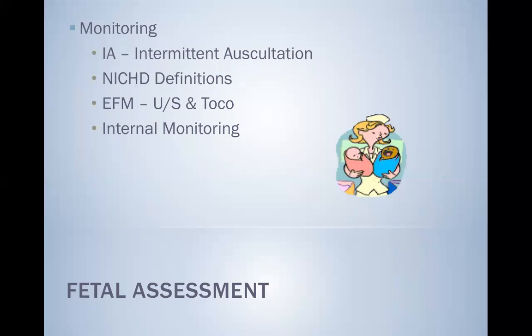Category 3 would be a strip that has minimal or absent variability with recurrent late decelerations, or a sinusoidal strip. Both of those are indicative of a compromised baby, in which case we want to move to delivery, and the goal is delivery within 30 minutes. So that's category 3. Category 1 is a perfectly happy baby, and category 2 is everything in the middle.